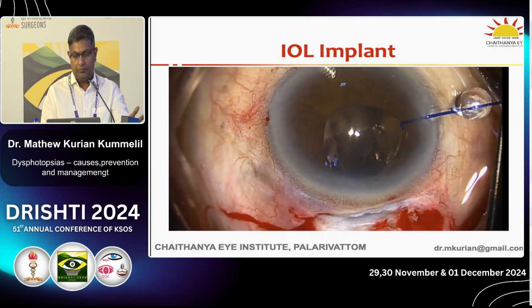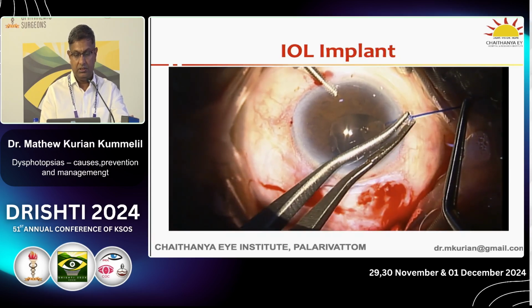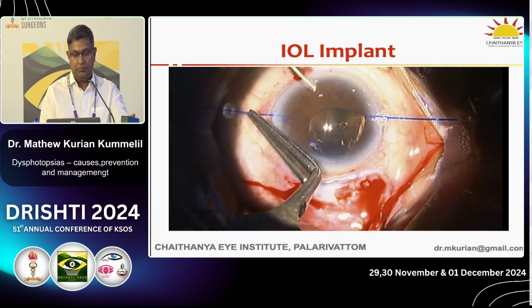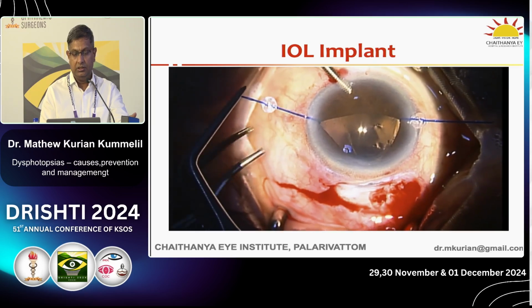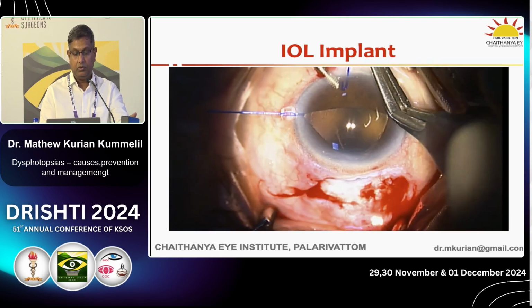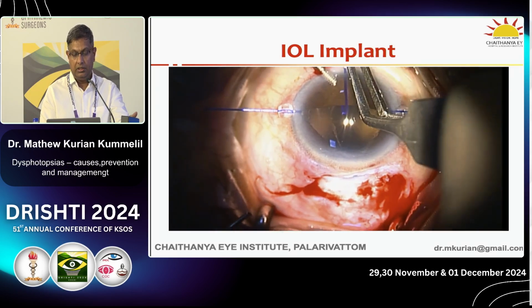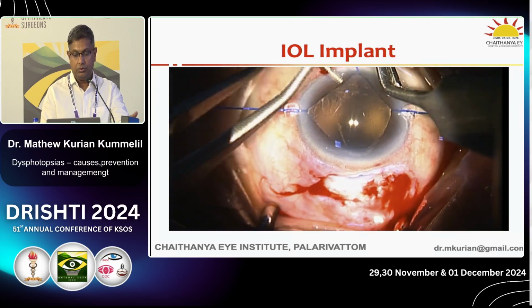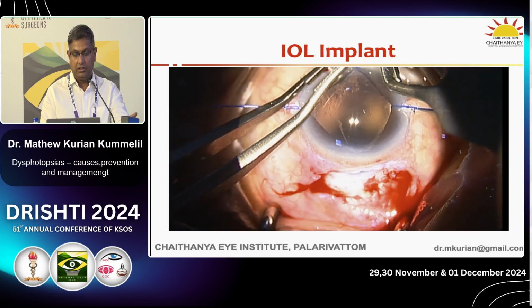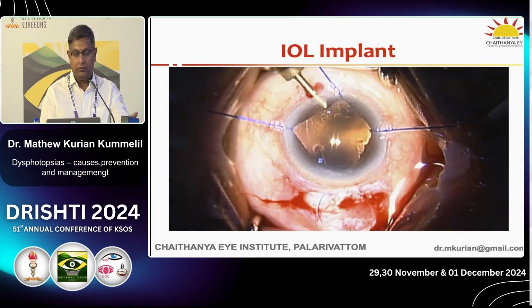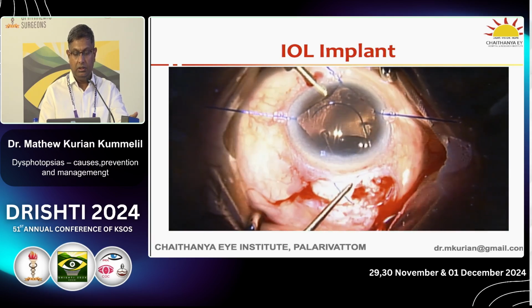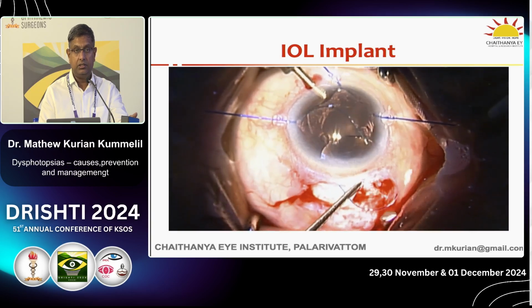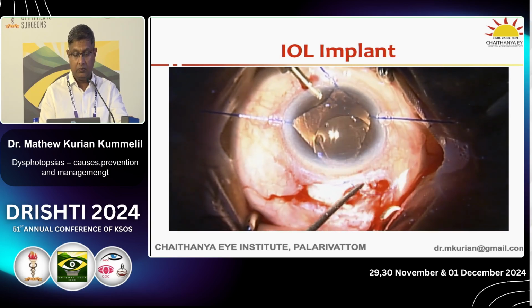I'll skip this part because Minu has covered this in detail, but just remember, when you are explanting the lens, you can create a PC rent, and in that situation the pupil can also become small, so it is a good idea to use hooks, look at the area of good capsular support, and place the lens such that it remains well centered. Otherwise, Minu will come into action all over again.